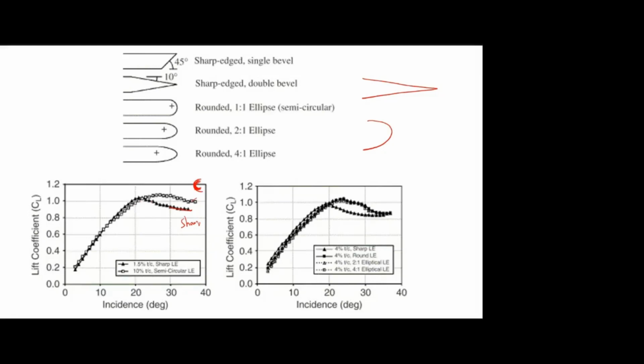Sharp means it will easily stall, you know, right? If it is round, then the flow may be attached. If it is sharp, the flow will easily separate. That's why at high angle the lift is decreasing for the sharp, but for the circular it is a little bit attached. So we are getting a little bit higher CL for the circular leading edge.